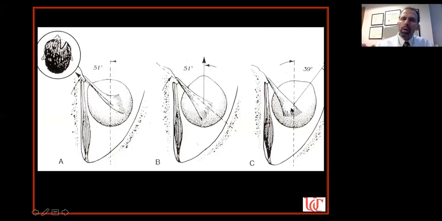When the person is looking out towards the temple, the force vector is almost entirely torsion. But you don't see a duction deficit because it's hard to see the torsion. So remember that anatomy, that force vector, and how the trochlea works, the trochlea being the pulley that the superior oblique tendon goes through.